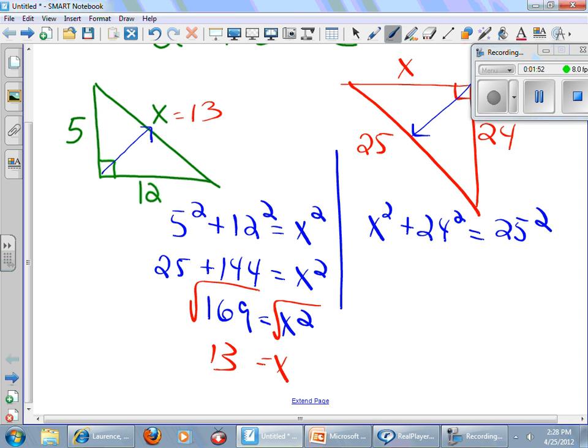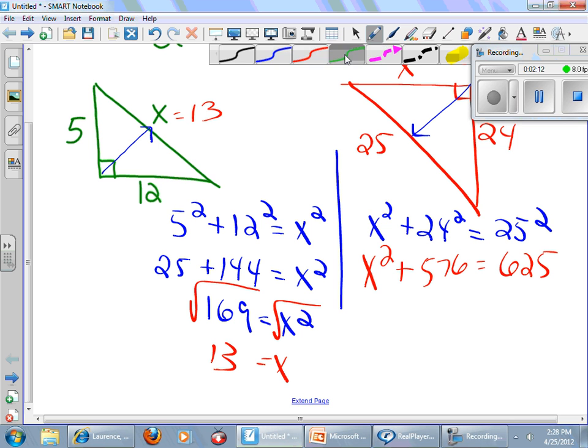All right, coming over here, I'm going to do x squared. Oh, I have a mental blank. I know 625, I think. Oh, I'm stuck. Hold on a second. Let me cheat. Okay, 576 is 24 squared, and this is 625. Now I have to get x squared alone first of all, so I'm going to subtract 576 from each side.